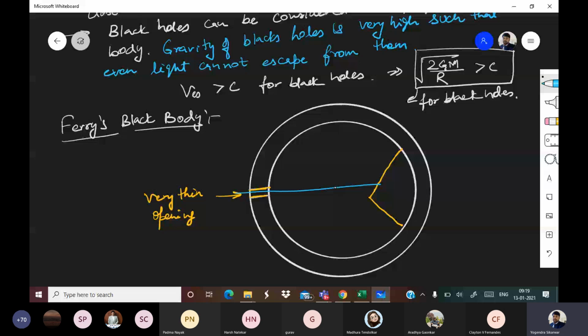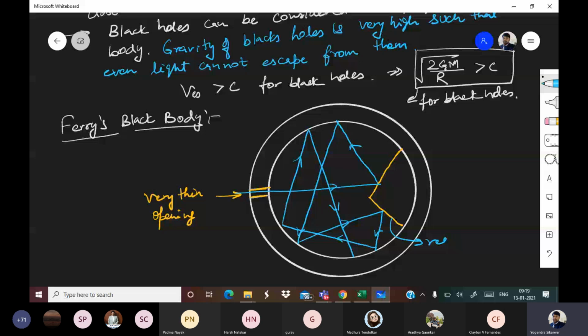So suppose that heat entered in a straight line. Now that heat will be reflected here, then here, then here, and so on. All right. So this is a reflector.